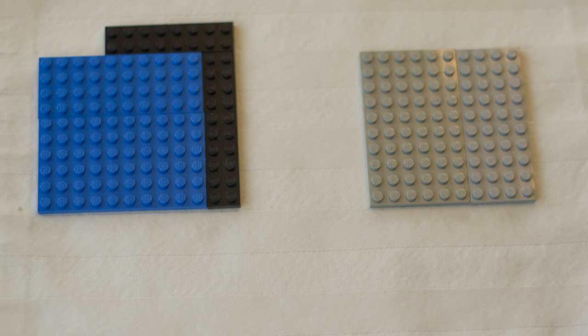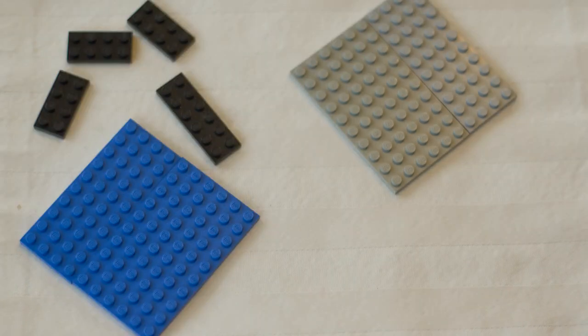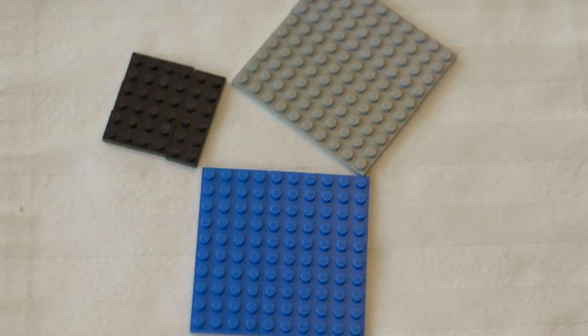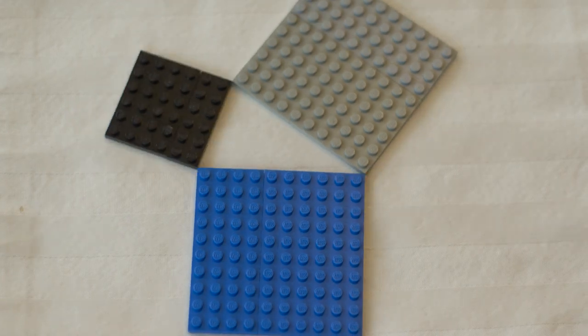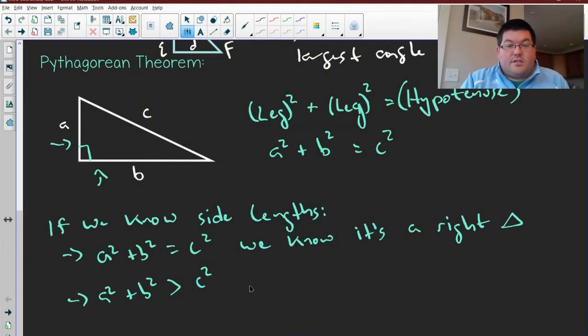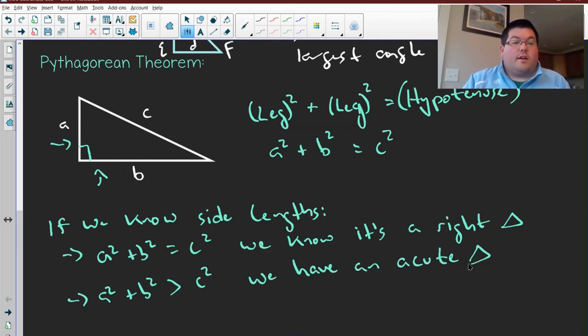Well, what kind of a triangle does this produce? Let's take a look. We'll take a look at the angles that are being formed by this triangle. This, in fact, leads us to an acute triangle.